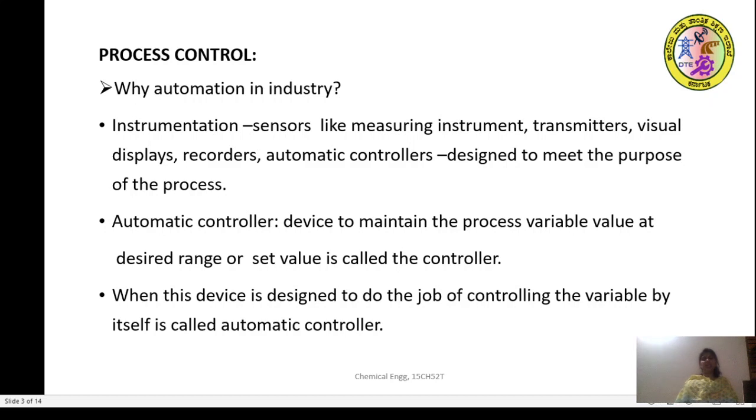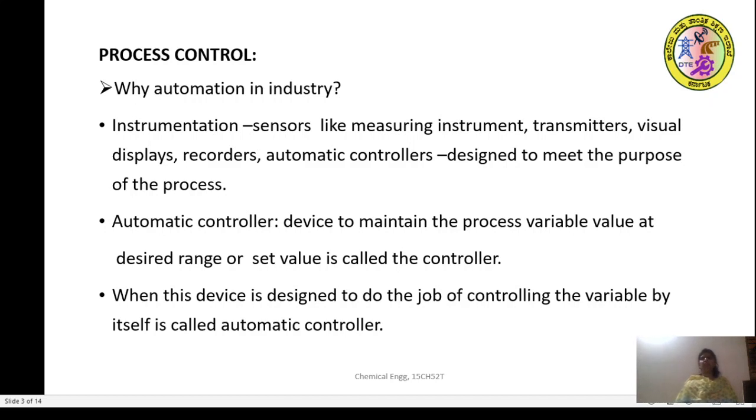In an industry, in order to run a particular process, we have to have instruments. The process of using the instruments based on our requirement, we call it instrumentation. So instrumentation includes sensors like measuring instruments, transmitters, visual displays, recorders, and automatic controllers, which have been designed to meet the purpose of the process.